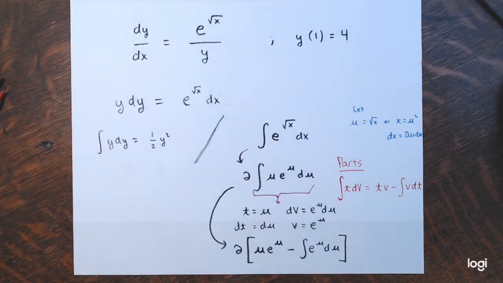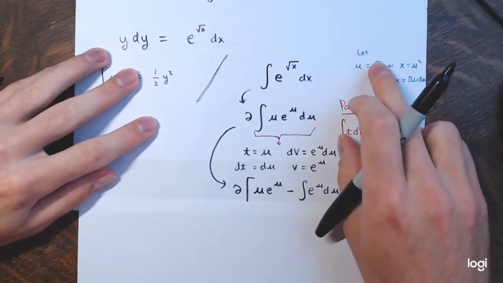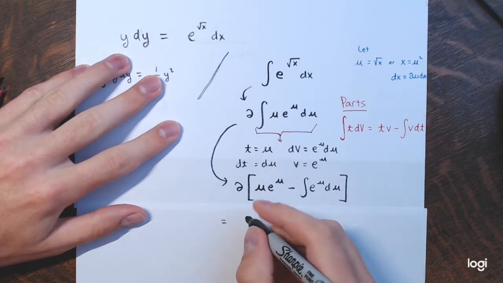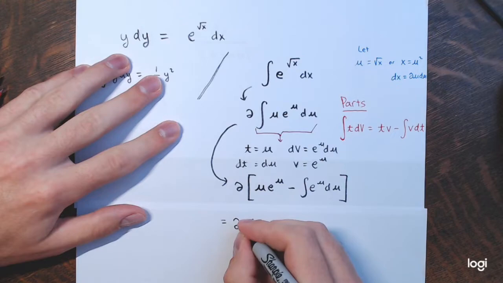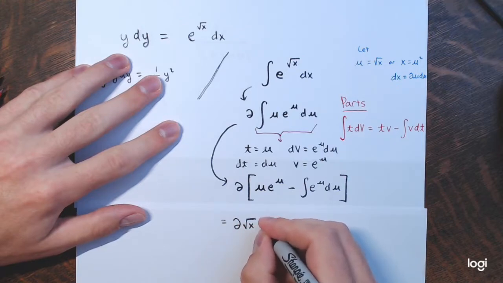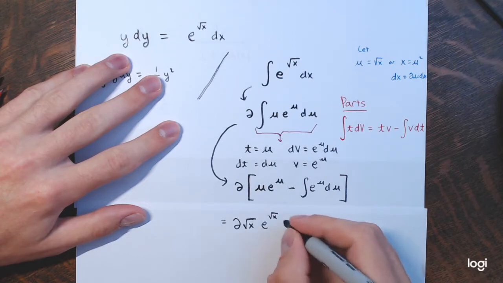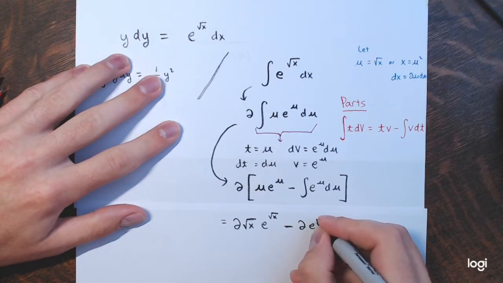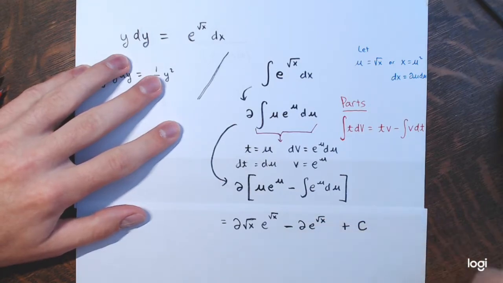And we'll also sub back: every u that you're seeing is actually the square root of x. So when all said and done, we have 2 times u e to the u, so 2 times the square root of x times e to the square root of x, minus, and then again distributing the 2, 2 times e to the square root of x, and then plus some constant. There as well, I'll throw the constant.